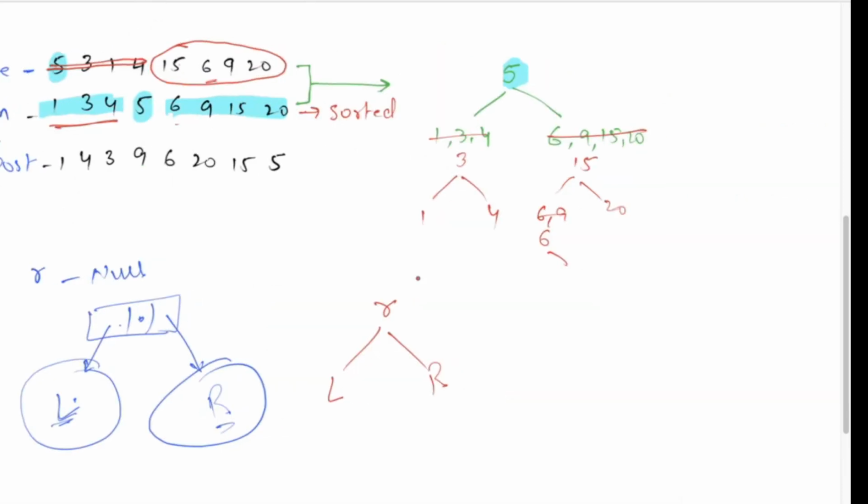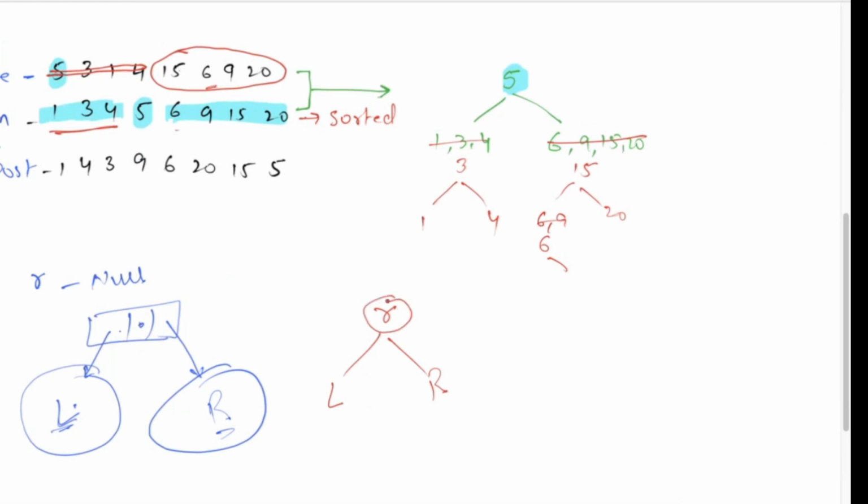Out of these three, the root is a single node, the left subtree is an entire binary tree, and the right subtree is an entire binary tree. Now, because we are implementing it recursively, the problem at the root will be solved by my own function. So I will only focus on the root, and the left subtree and right subtree will be delegated to recursion. Okay. Got it.